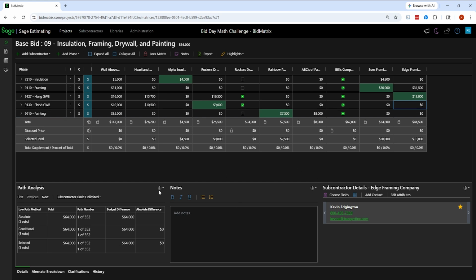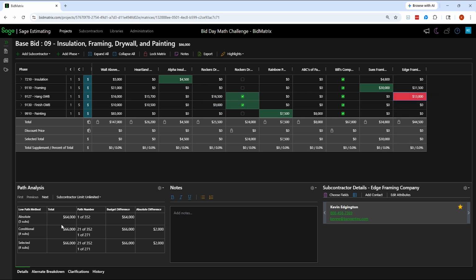As I look at this information, you'll start to see inconsistencies in bids sometimes. As I look at my hanging, I'll notice 16,000, 15,000, 16,000, 13,000. That price concerns me a little bit. So I'm just going to say that I want to exclude it.